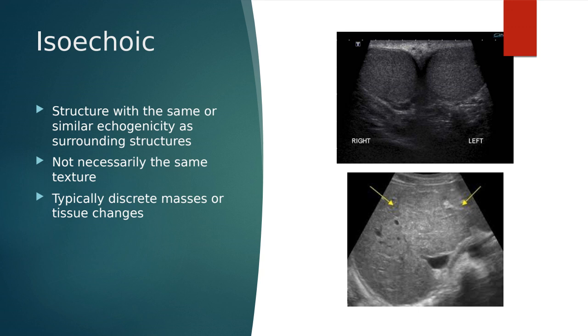Now, if you look at that picture on the bottom, this is a picture of the liver. Now, the liver should be the same color, right? The same shade of gray. So all of the tissue in the liver should be isoechoic to itself. But if you look at these arrows, they're pointing to an area where it has a slight change in texture, right? There's a little bit of a discrete border here.